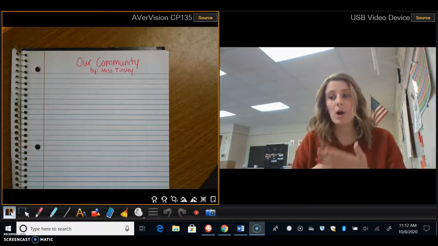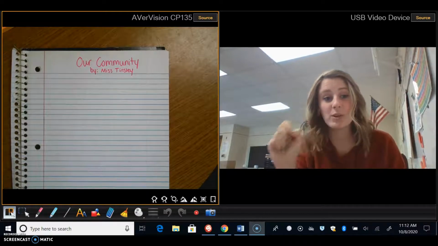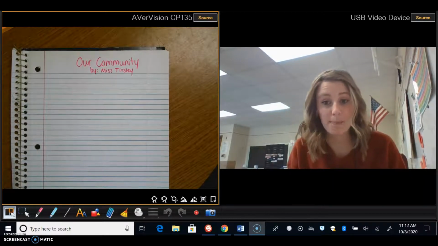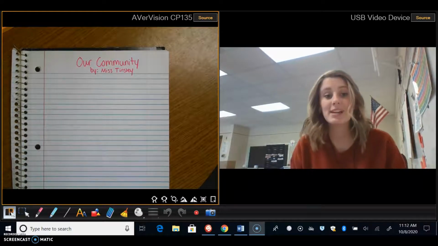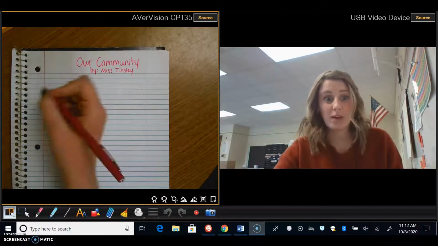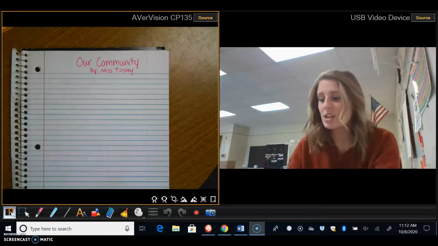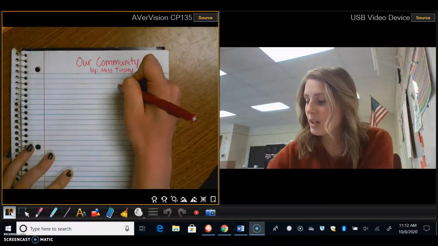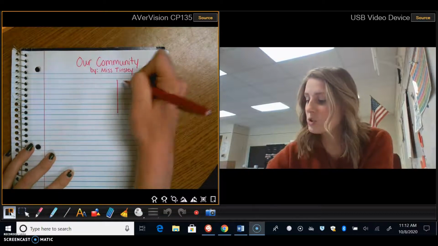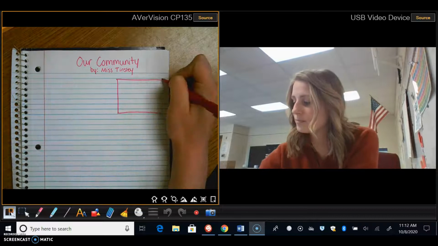Our kids in class actually had a newspaper layout, but I wanted you to be able to write this on a piece of paper. So ours is going to look a little different. What I'm going to do is draw 2 boxes, so that I don't have my words take up the whole page and have no room for pictures, right? The first thing I'm going to do is draw a big square, a big box right here.